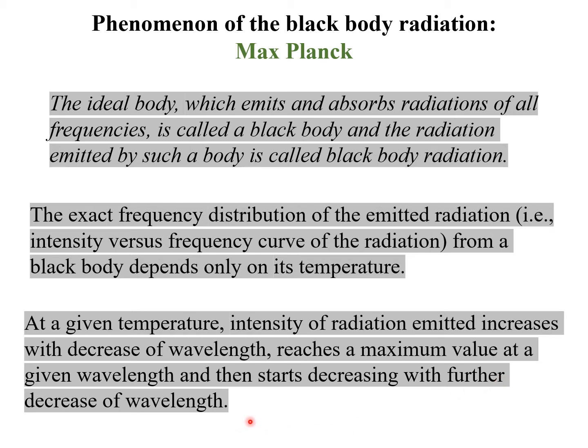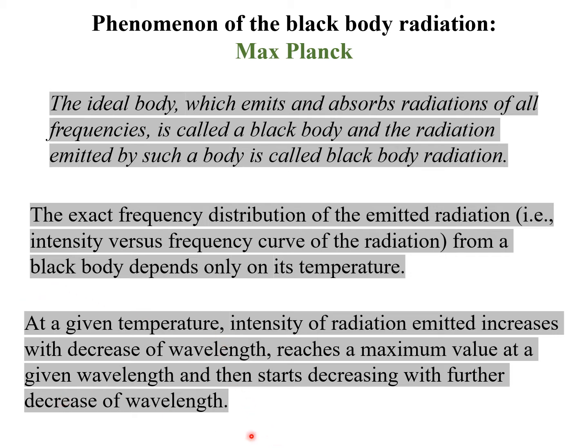At a given temperature, when the intensity was studied with respect to the wavelength, what was observed was that when the wavelength was decreased, the intensity of the radiation emitted increased, and it reached a maximum value. With further decrease in the wavelength, the intensity then decreased.